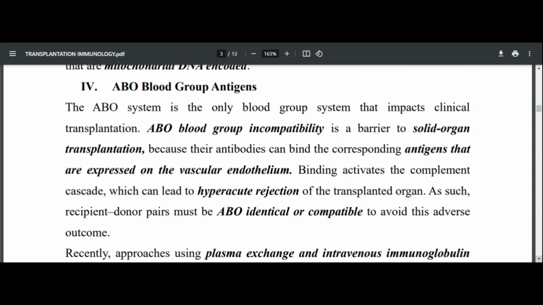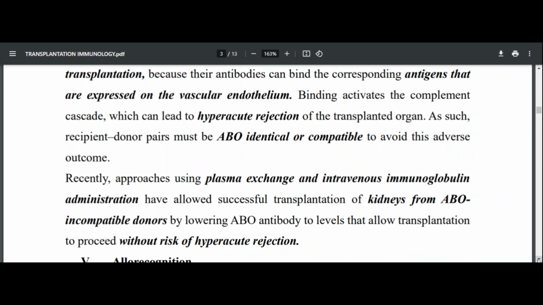That's why, in order to avoid hyperacute rejection, we must make sure that the patient we are transplanting and the donor of that graft, tissue or organ are ABO identical or ABO compatible to avoid this problem. The ABO blood group system can cause hyperacute rejection of the graft.